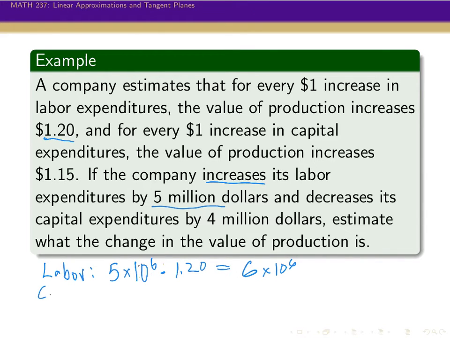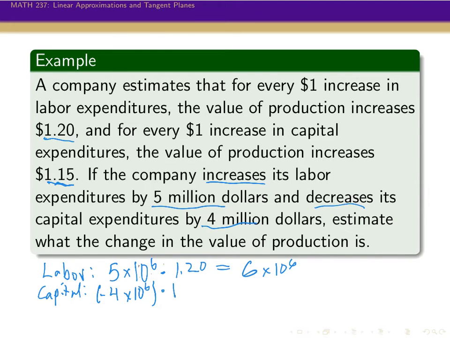And then for the capital, well, it's decreasing by $4 million. And we're given that every $1 change in capital causes a $1.15 change in production.